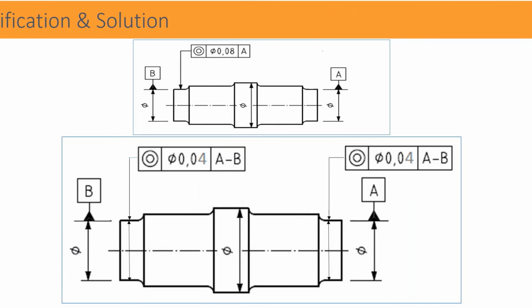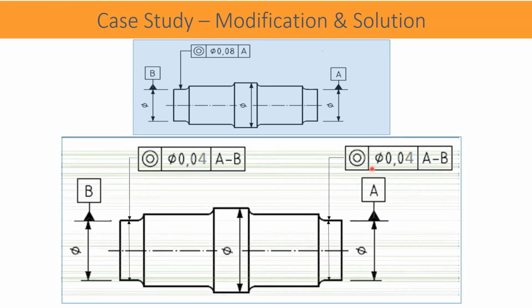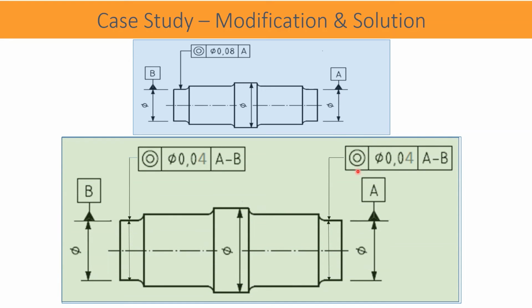So, finally, what will be the solution? Of course, yes. All the research studies and international best practices suggest that the only solution is to modify the drawing. The modifications are: point number 1, assign concentricity to both the cylinders.